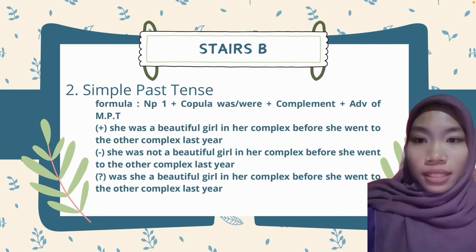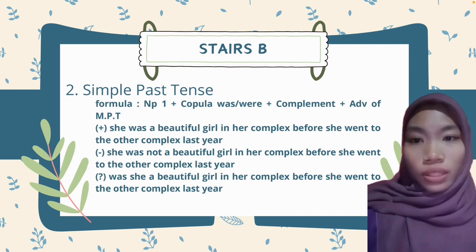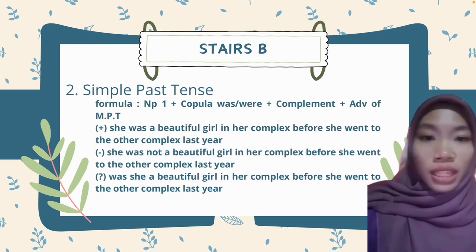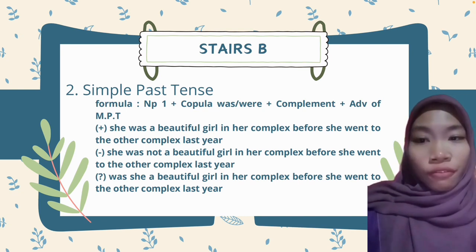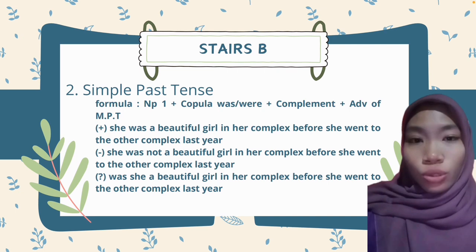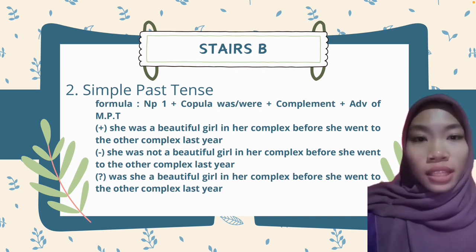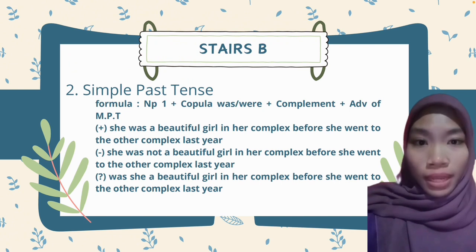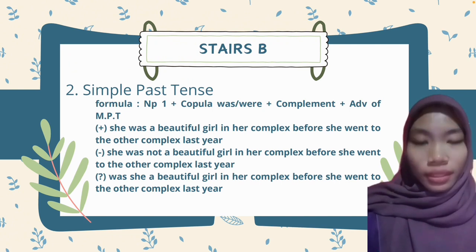Next is the steps of stairs B on simple past tense, which are divided into positive, negative, interrogative. First is positive, using the same stairs as the initial stairs, consisting of noun phrase 1, copula, complement, adverb of manner, place, and time.